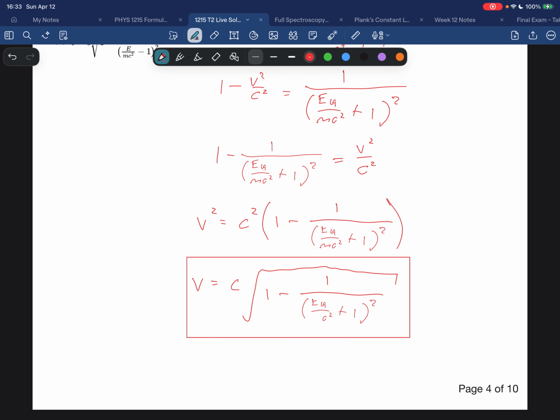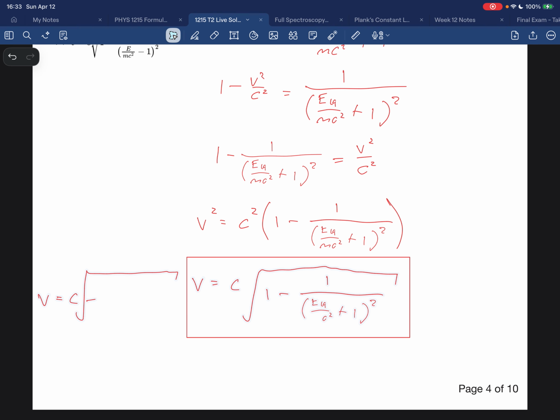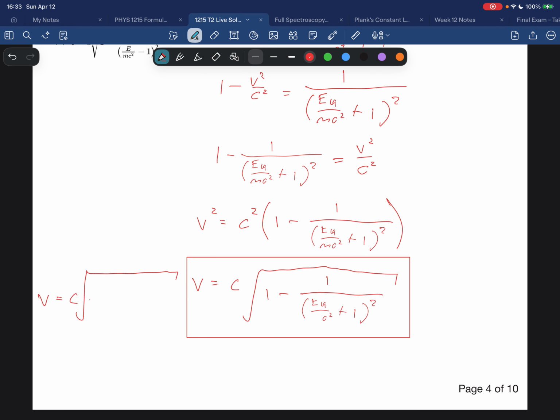And then lastly, an alternate version that is also acceptable. Oops. It's supposed to be 1 minus. There.